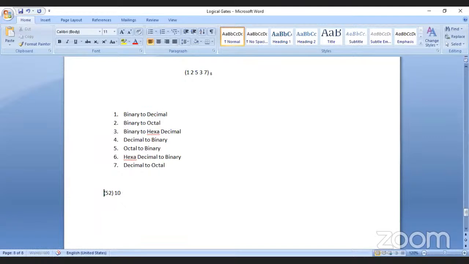They will give it like this: find the octal value of 52 base 10. So we need to perform conversion from decimal to octal.